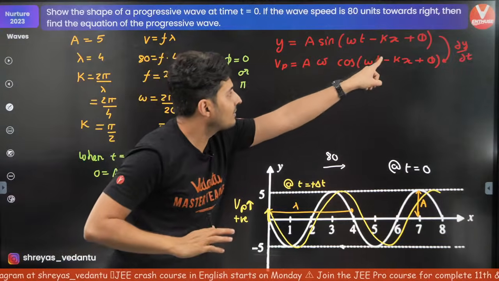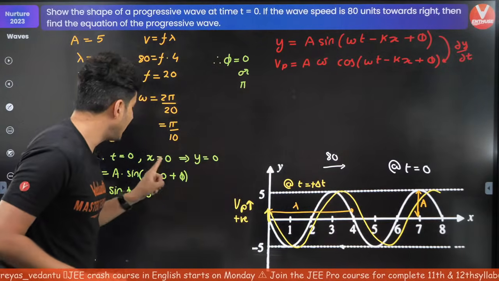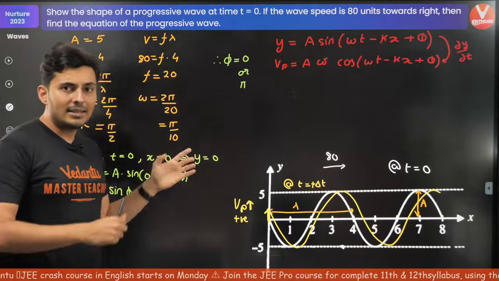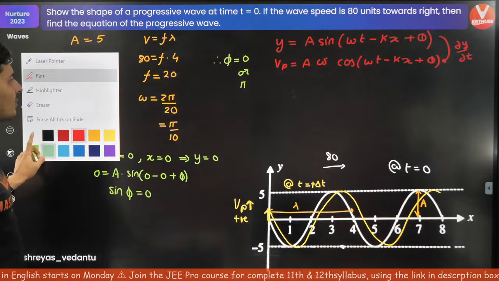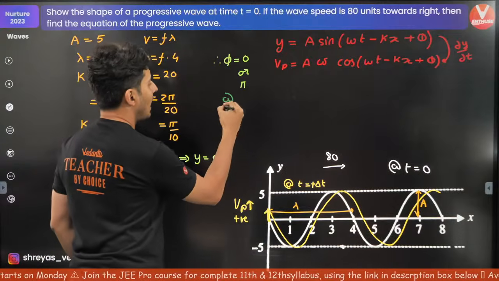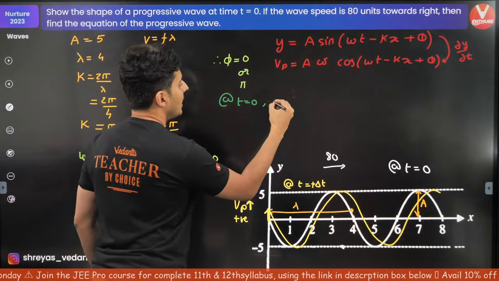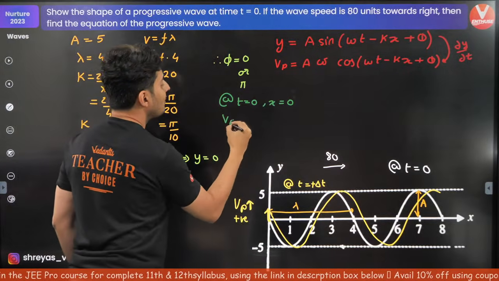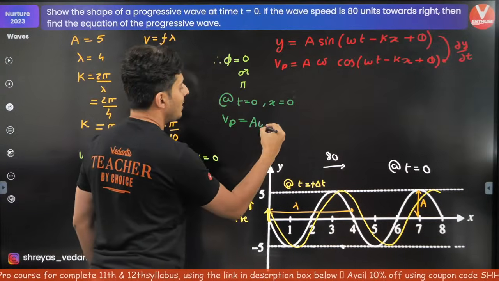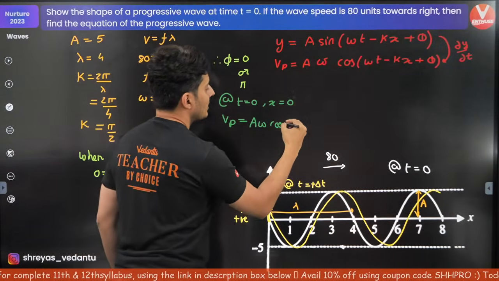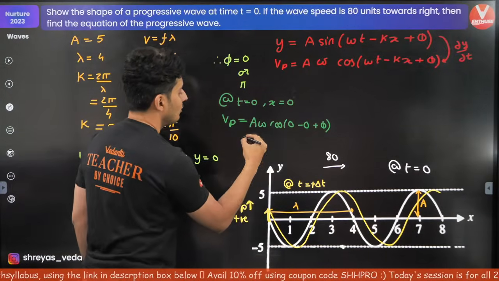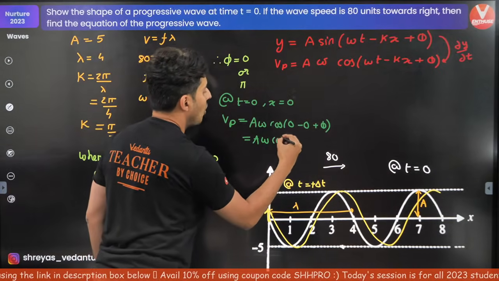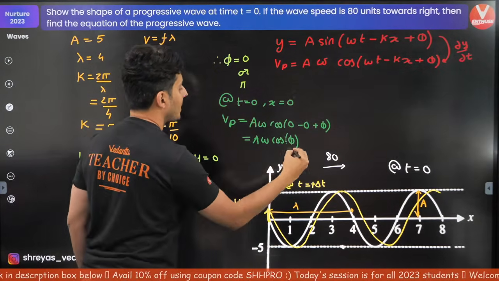Now, just substitute the value of x and t as 0 and see what you get. So, at t is equal to 0, x equals 0, Vp will come out to be A omega cos of 0 minus 0 plus phi, which is A omega cos of phi.